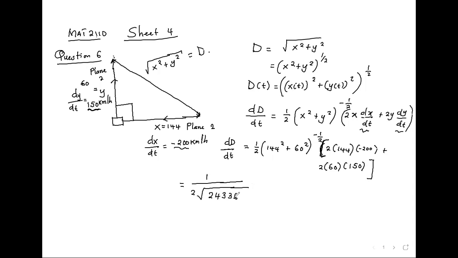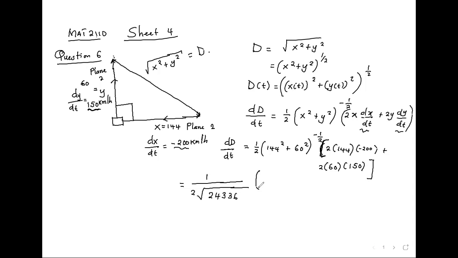This multiplied by the numerator there, that is 2 by 144 by negative 200. Okay, let me just do 2 by 144 and then by 200.